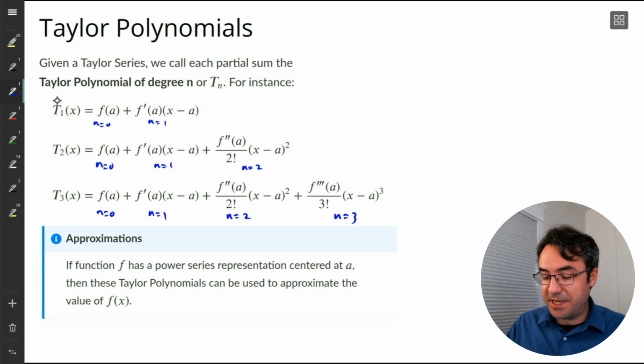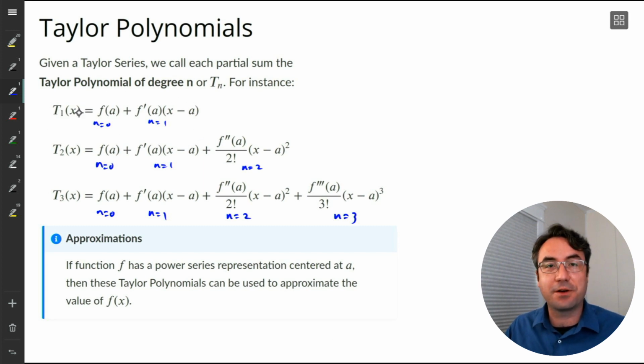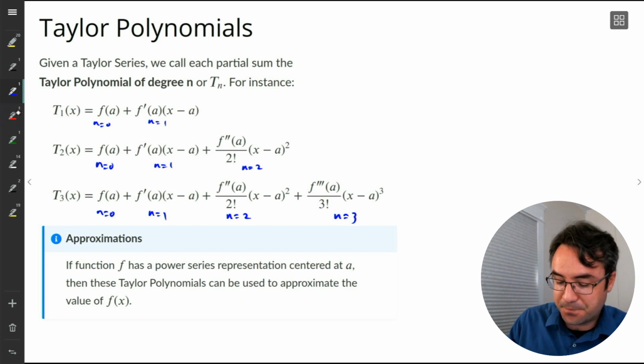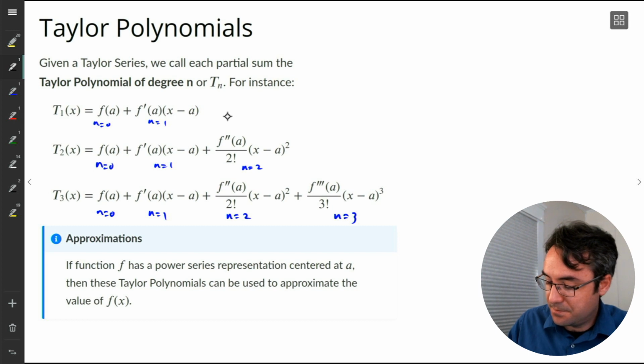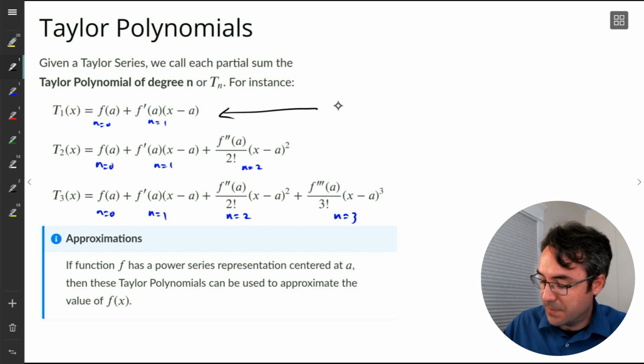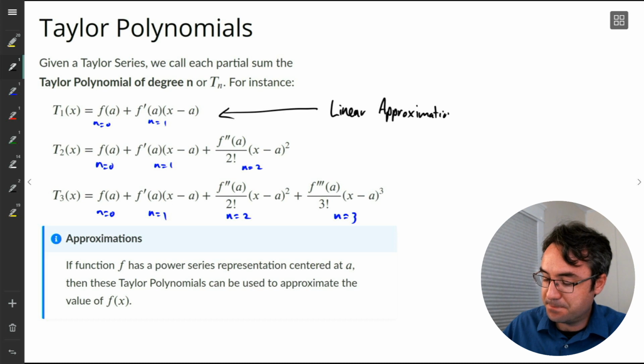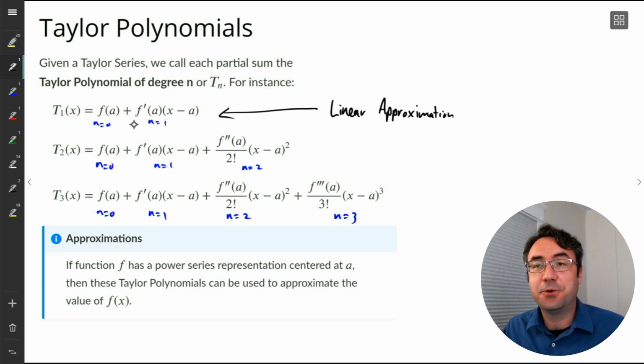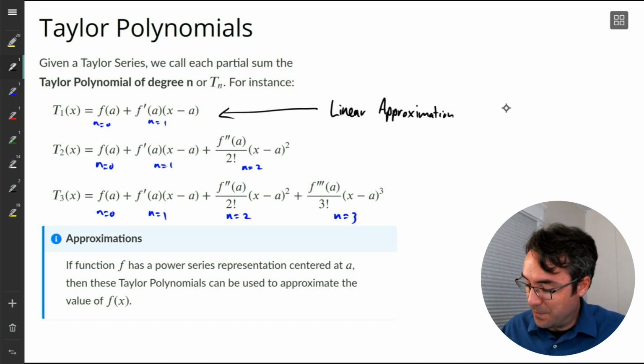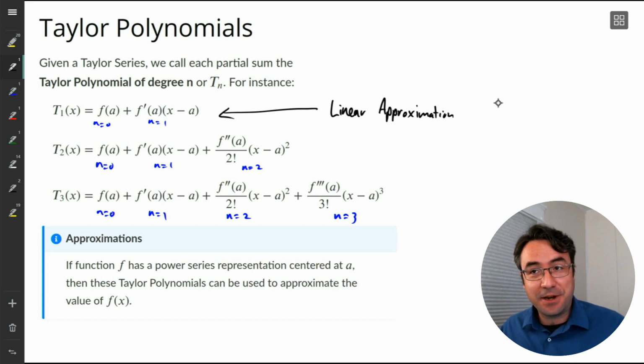And we've actually seen this very first one before. This is the linear approximation that we looked at way back in Calc 1 with tangent lines. So we called it something different there, but this is just the linear approximation.